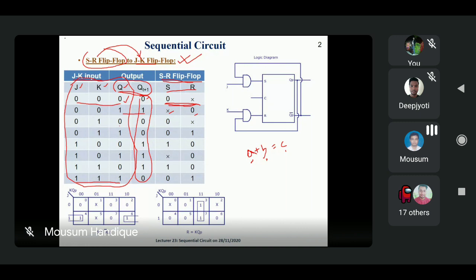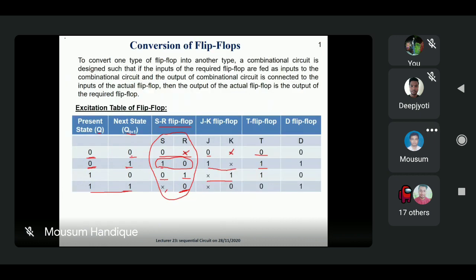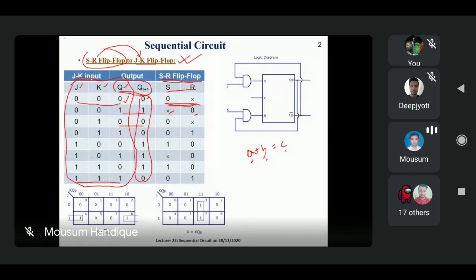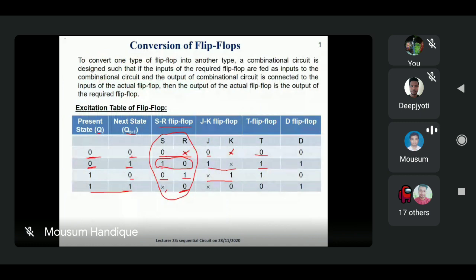See here, when present state is 0 and next state is also 0, we are getting S value is 0 and R value is don't care. And how can we get this one? It is already mentioned in the excitation table. When the present state is 0 and next state is 0, what is the value of S?